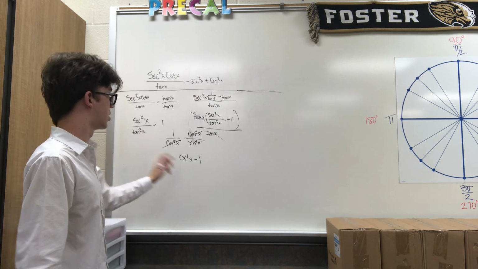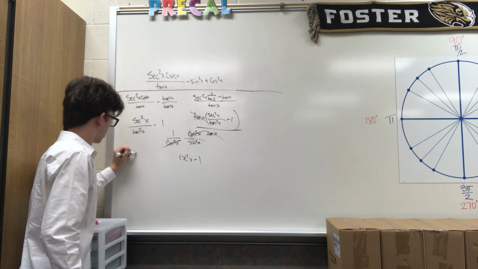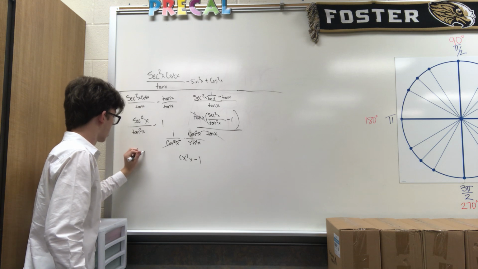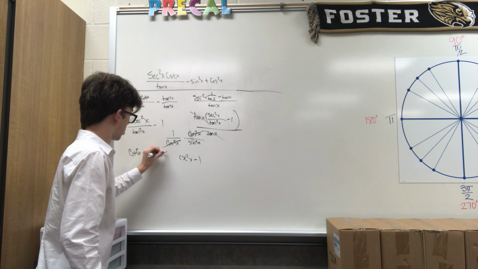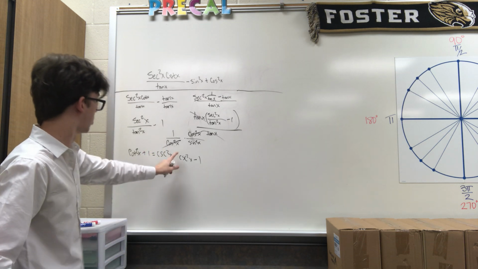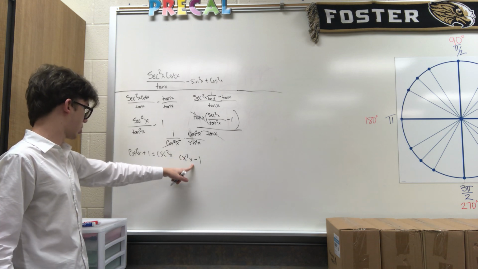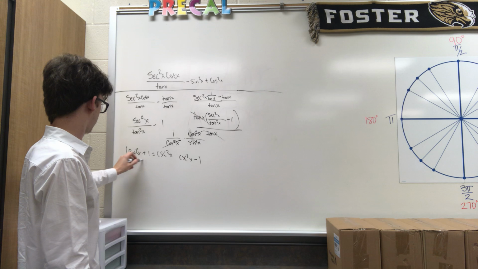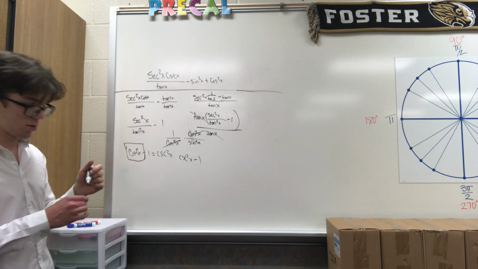So from there, this is a Pythagorean identity: cotangent squared x plus 1 equals cosecant squared x. And we see that when we subtract the 1 over, it becomes this expression. So that just leaves us with the answer being cotangent squared.